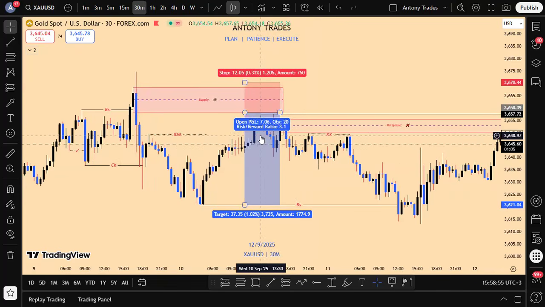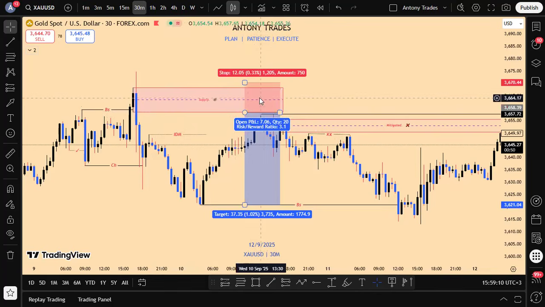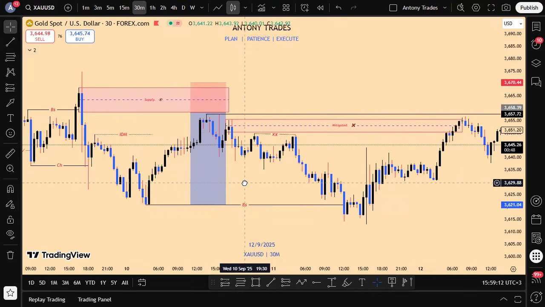And if you look at the time here, you can see very well. This was around 1 p.m. during the London session. Market sniffed my order block but never tapped me in, which is something that I'm used to.